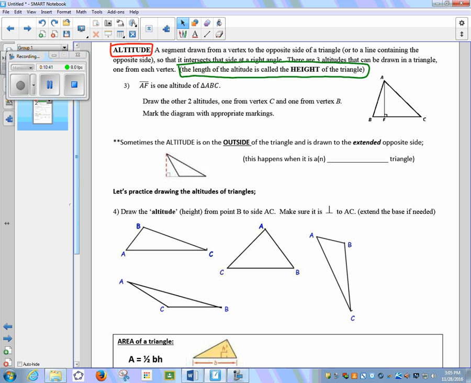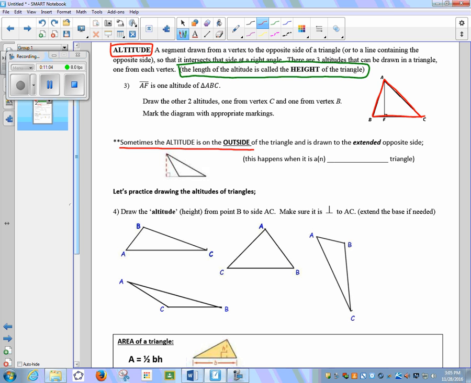All right, so here's an important point about altitudes. Sometimes the altitude is on the outside of the triangle. It is drawn to the extended opposite side. Okay, so if you look at the first triangle we have here, one altitude is drawn.